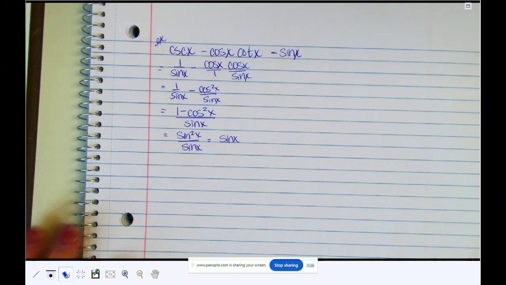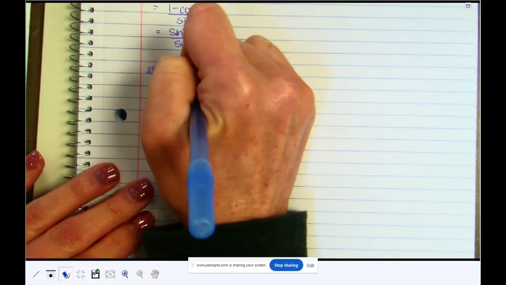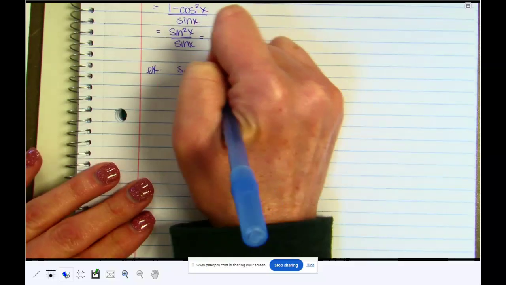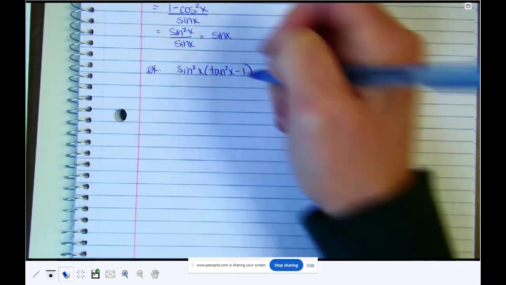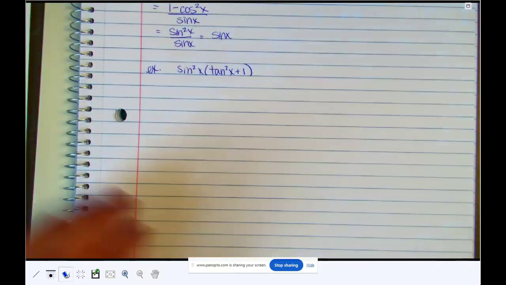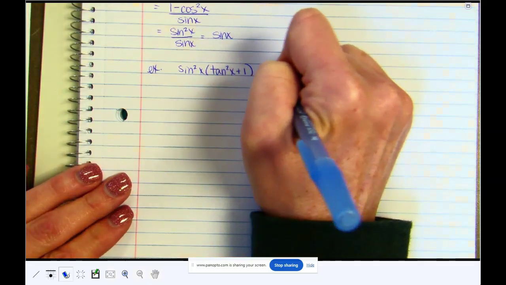Okay, here is one of the ones I told you I'd point out to you. Let me write it down. You've got sine squared x times tangent squared minus 1 plus 1 equals tangent x over cotangent x.